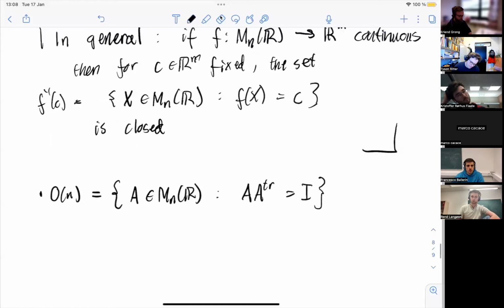You may remember orthogonal matrices from your linear algebra course. If you had an orthonormal basis, you could put that into a matrix, and you called that matrix orthogonal. Orthogonal matrices are exactly the ones that satisfy this equation, that A times A transposed is just the identity.